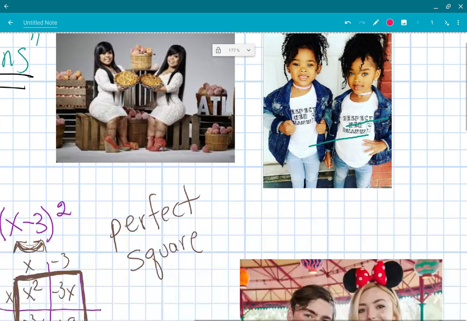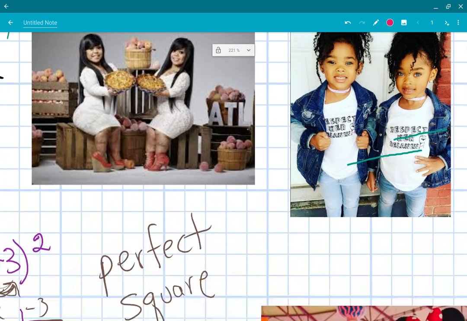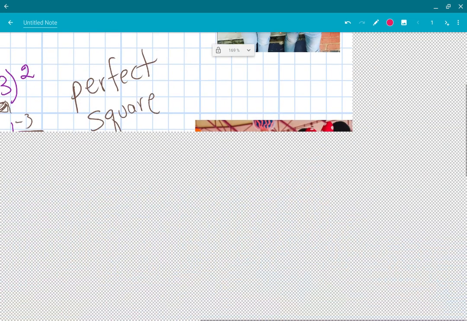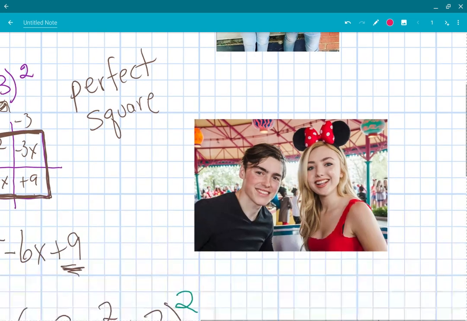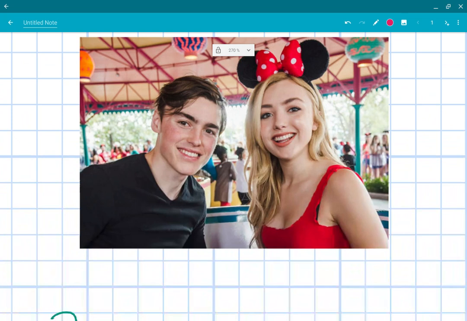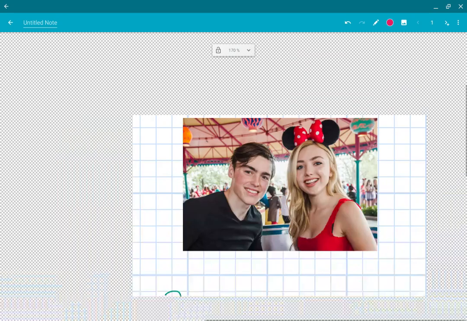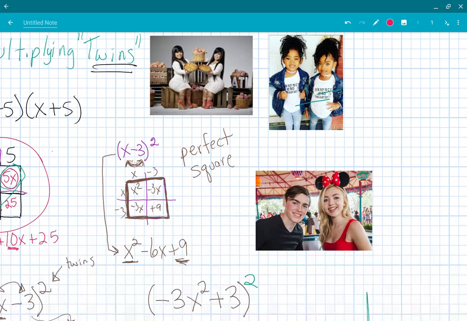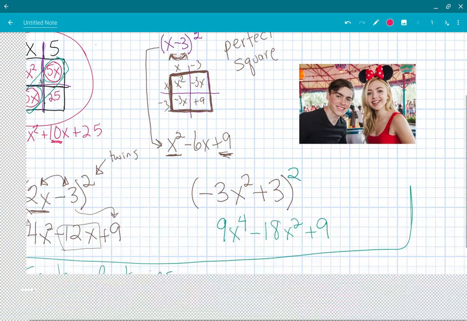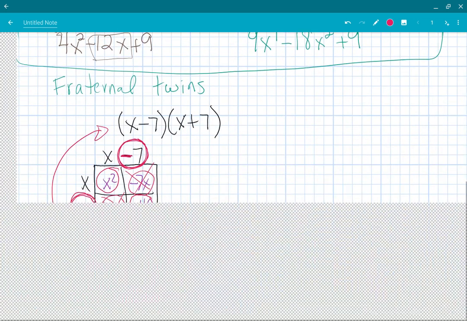The tiny twins are also identical. And these are twins right here, whoever these people are, but they're not identical, right? So they're opposites. This is a girl and this is a boy. Make sense? Good questions. So this only works for twins, whether they're identical or fraternal.